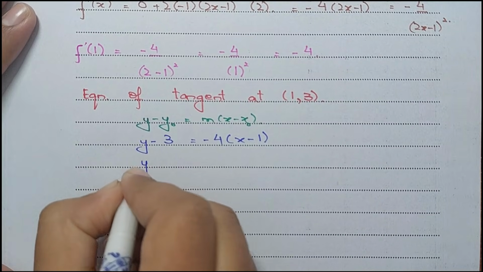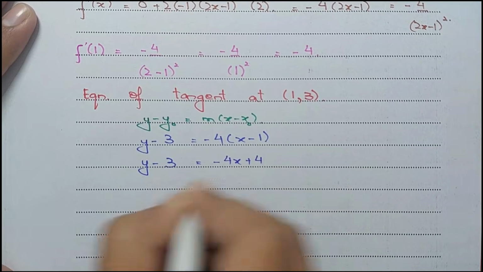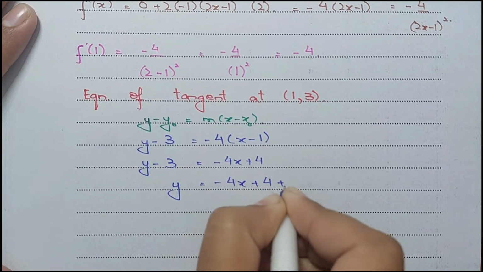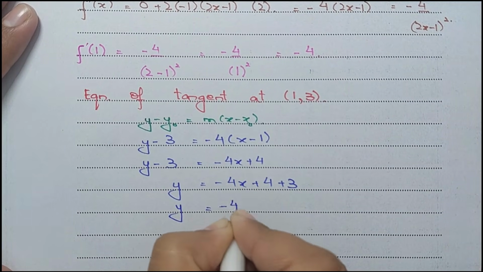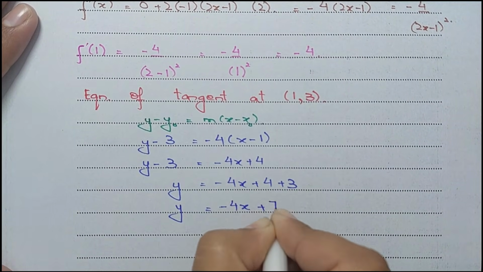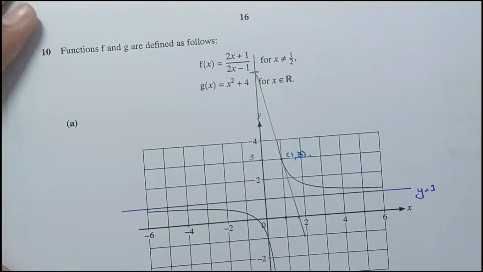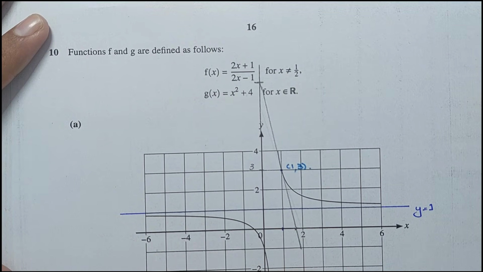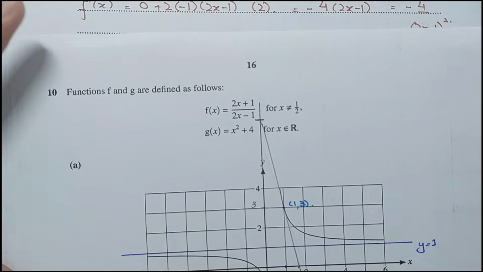Okay, so this is y minus 3 is equal to minus 4x plus 4. y would be equal to minus 4x plus 4 plus 3. Shift the 3 to the other side, it becomes positive, right? Minus 4x, and 4 plus 3 is 7. This is the equation of tangent. So this straight line equation of tangent is y = minus 4x plus 7, right? This tells us that the y-intercept is 7.